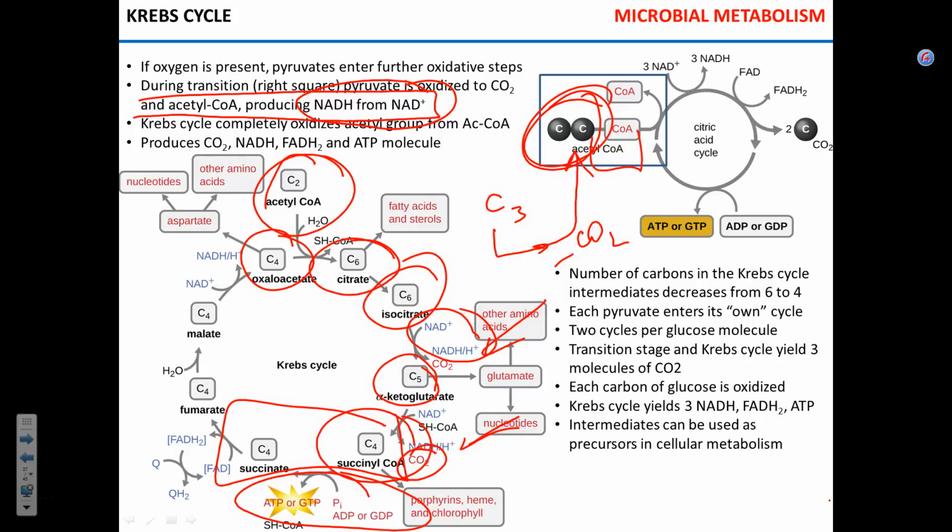Then succinate is oxidized to fumarate, but at this point it's not carbons that are oxidized, it's mostly hydrogens. If you remember organic chemistry, no, you don't remember organic chemistry?